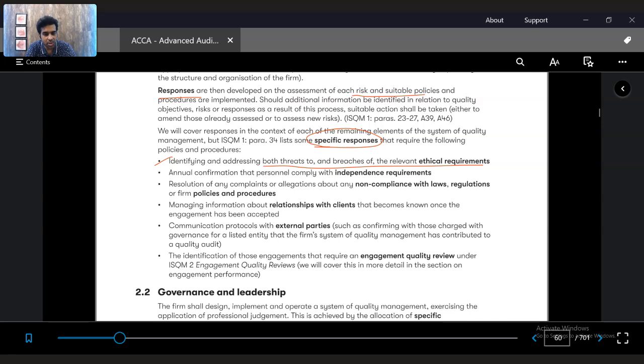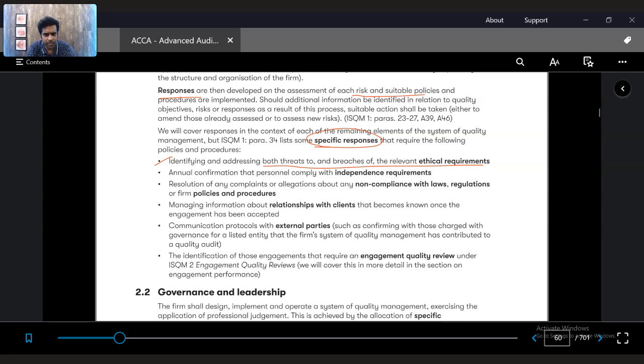So as a response, we need to have strict policies and procedures implemented in relation to the breach of ethical requirements. Like if the partner is not reviewing the independence, or is accepting a client which has independence issues, the partner has to be penalized.